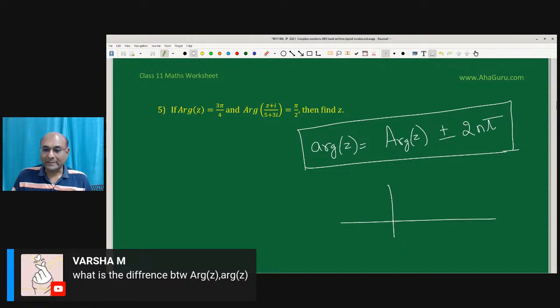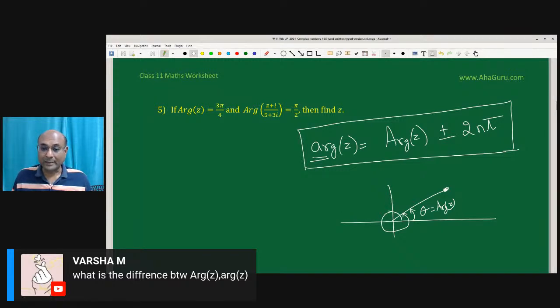Basically, if I told you that this angle theta is the capital argument of z, the principal value, I can arrive at the same place going one trip and coming back. If I did this, I would have got 2 pi plus theta. So 2 pi plus theta is also one of the various angles possible. So there are many small ARGs, but capital ARG, there is only one.